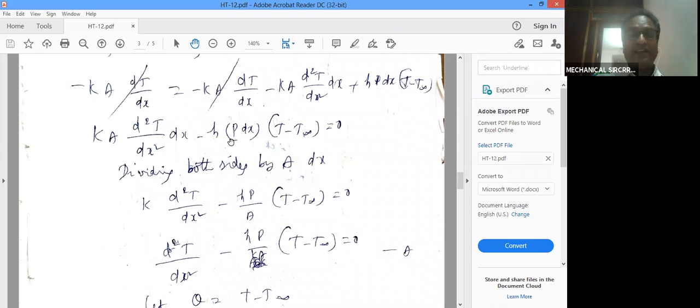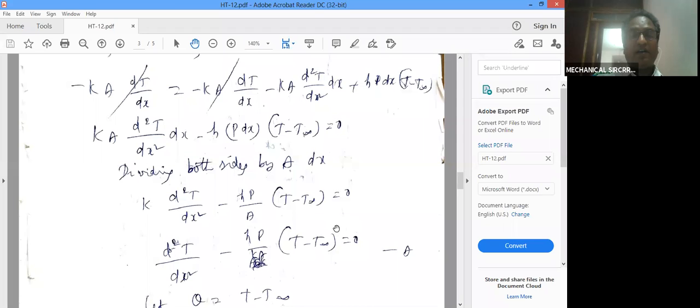Dividing both sides by A into dx, A dx gets cancelled: K into d square T by dx square minus Hp, the dx gets cancelled, Hp divided by A into T minus T free stream is equal to 0.